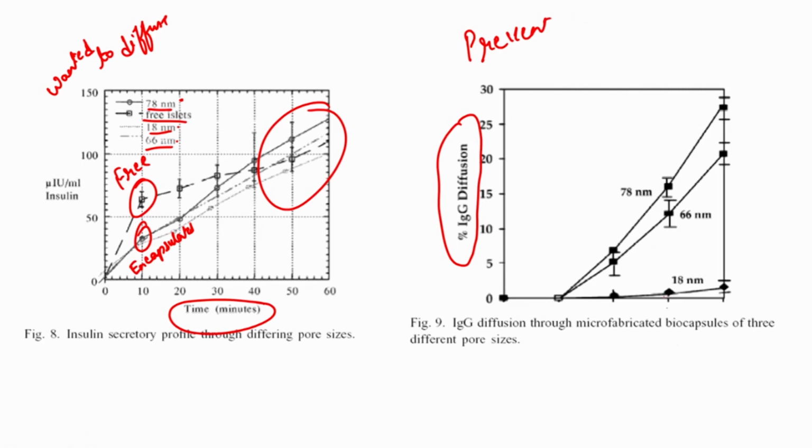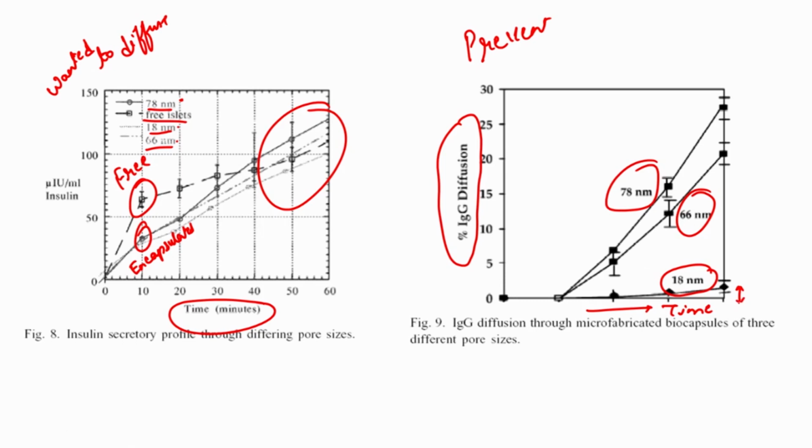Now let us see what happens. What you are seeing here is that as you are going up, this is time again. For 78 nanometer you have quite a high diffusion of IgG, so this is not good. At 66 nanometer you still get some IgG diffusion, slightly lower than 78, but still fairly high. But at 80 nanometer you eradicate it quite a bit, although some of it is still going in.